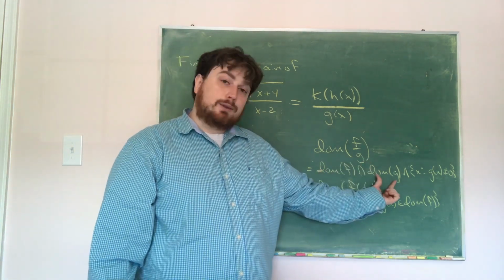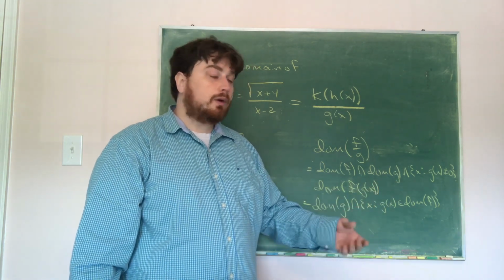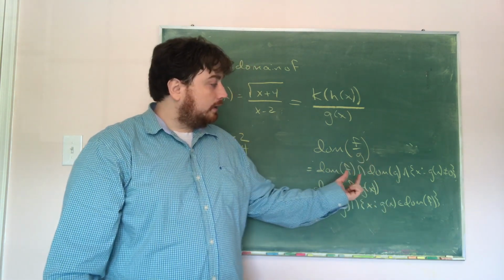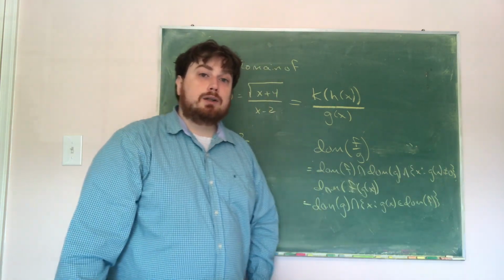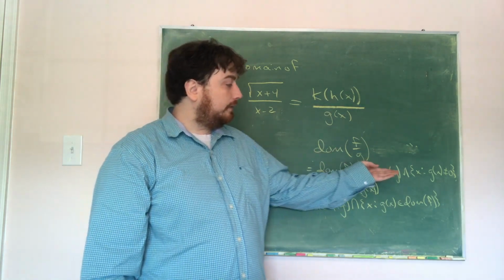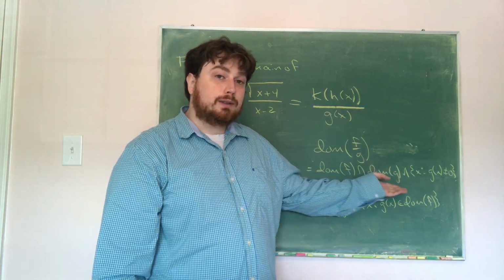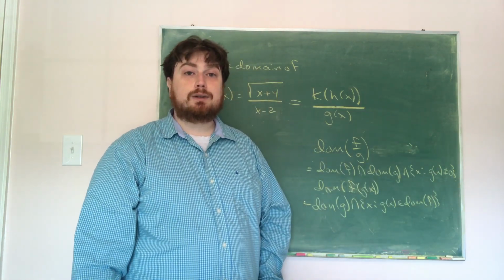I'd also have to get an answer when I plug it into g, so I'd have to be in the domain of g. And furthermore, I can't divide by 0, so I'd have to be in the set where g of x is not equal to 0. So if I want to find the domain of f over g, I would find the domain of f, intersect the domain of g, intersect all the points where g of x is non-zero.